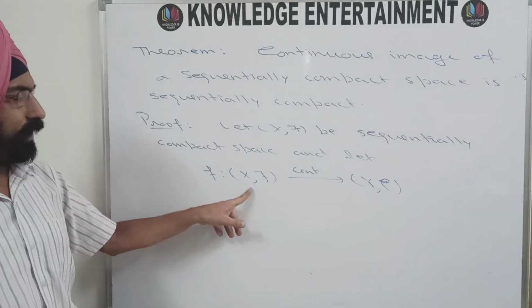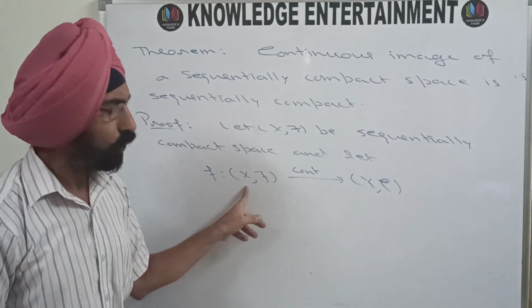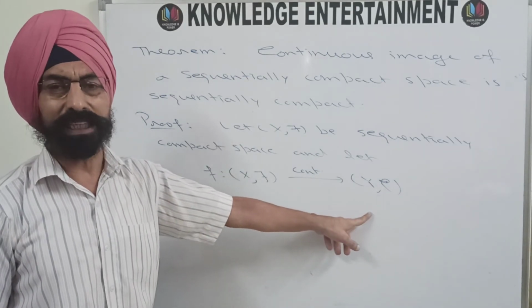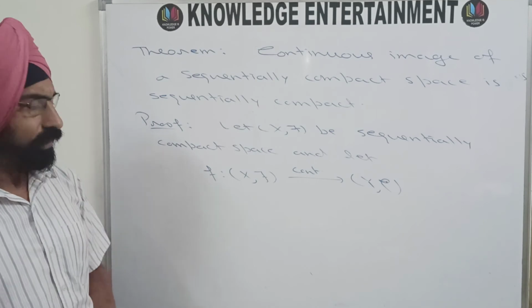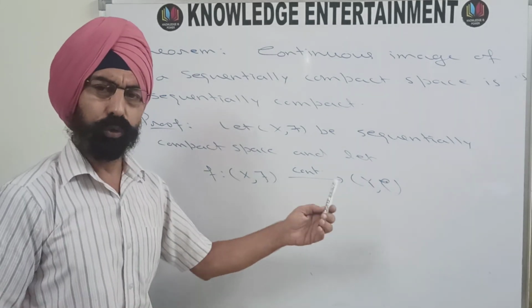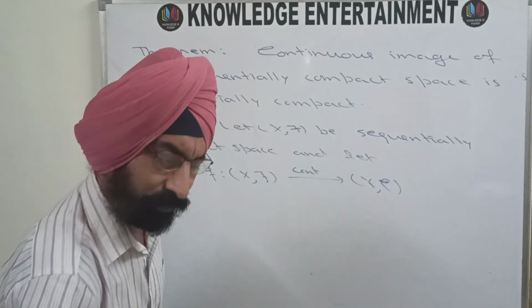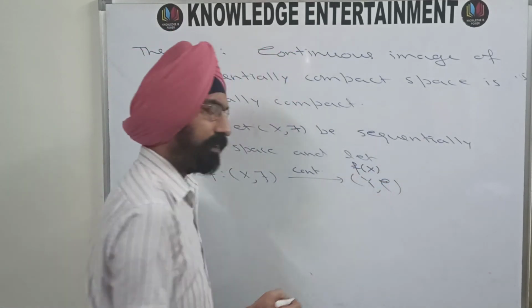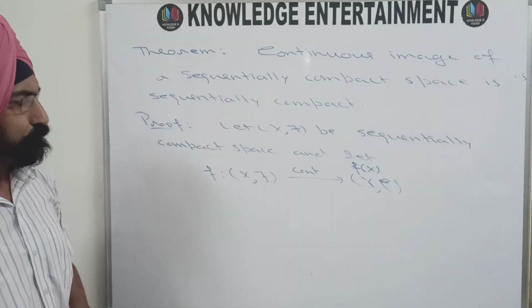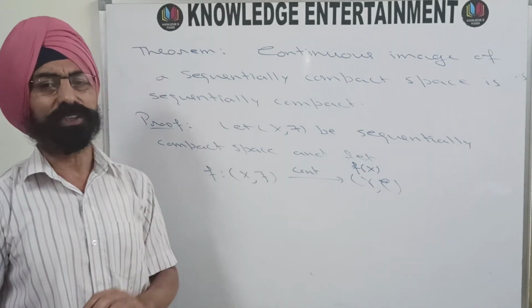X is sequentially compact, and we are to show that its continuous image f(X) is also sequentially compact. So to be more convenient, we take f(X) as a subset of Y, and we have to show that f(X) is sequentially compact.